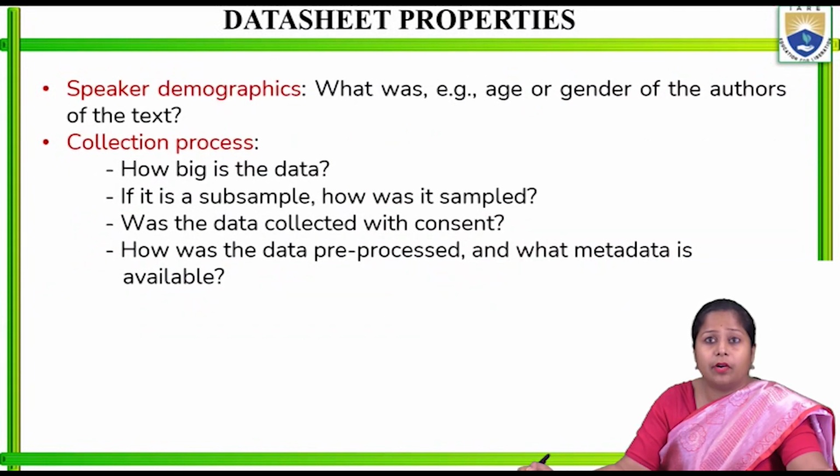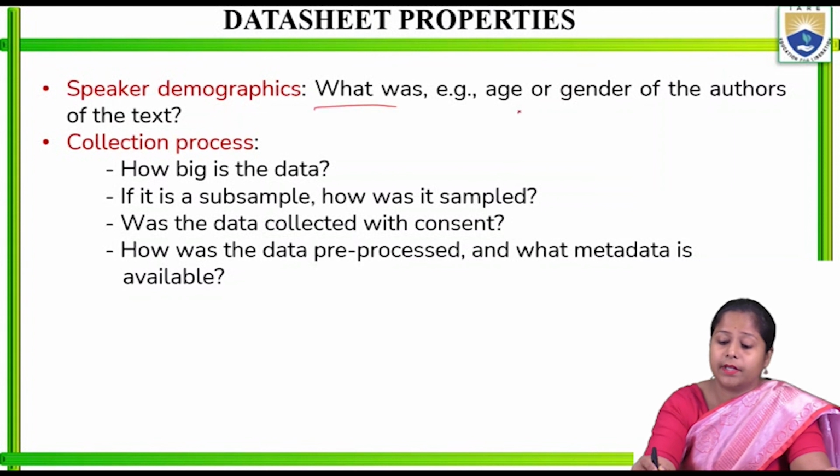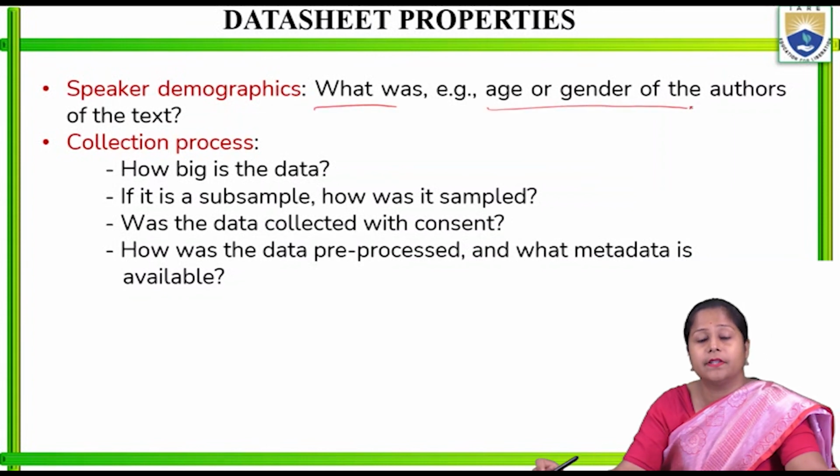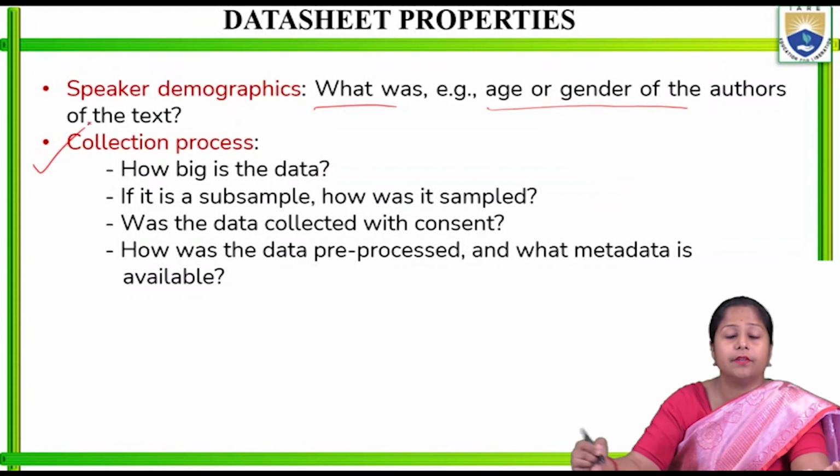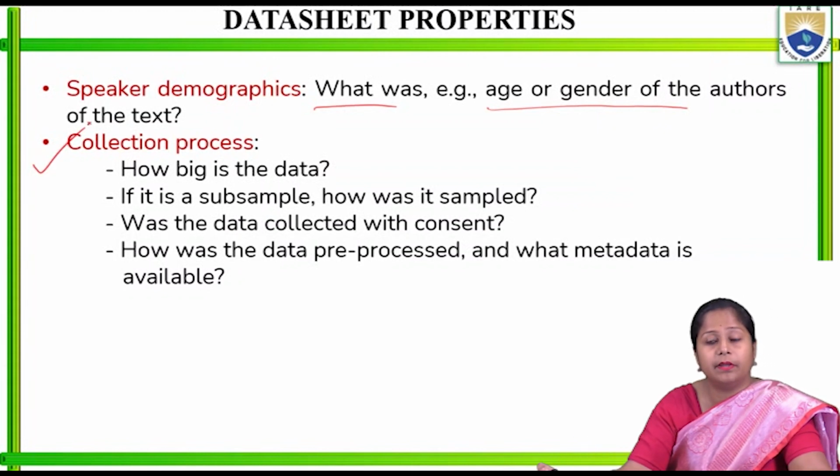Then the speaker demographic, for example the age or gender of the author who generated that text or corpus. What was the collection process, how it was collected? We can read all these properties whenever the corpus is given, because one document accompanies it where they are all written.